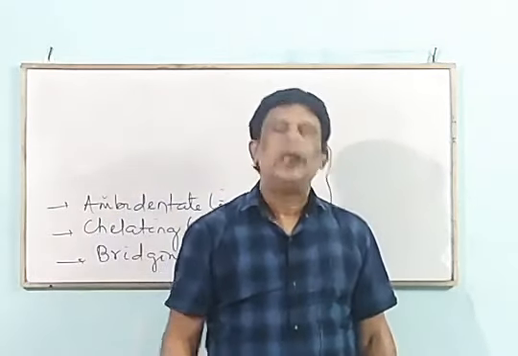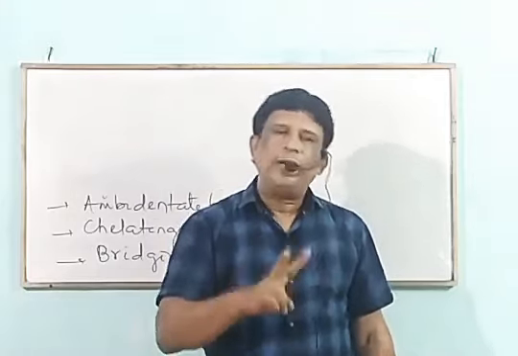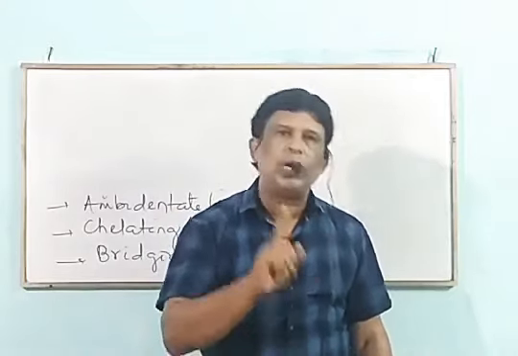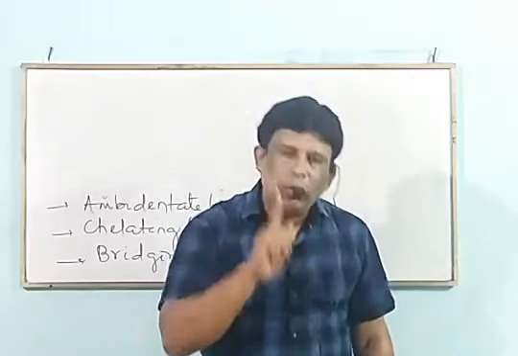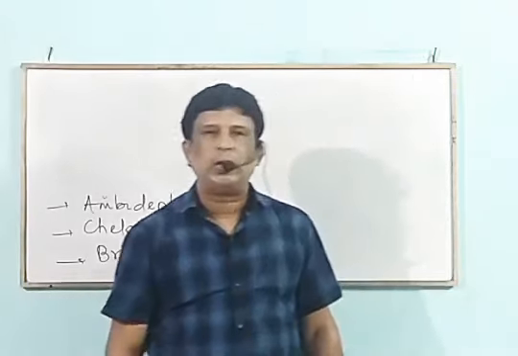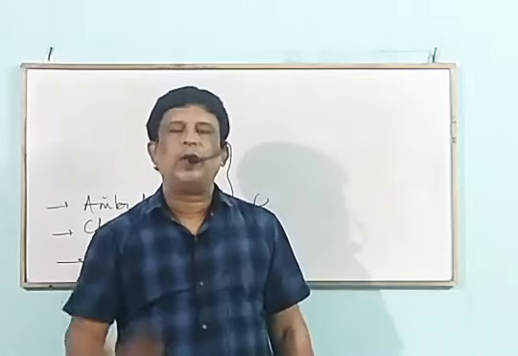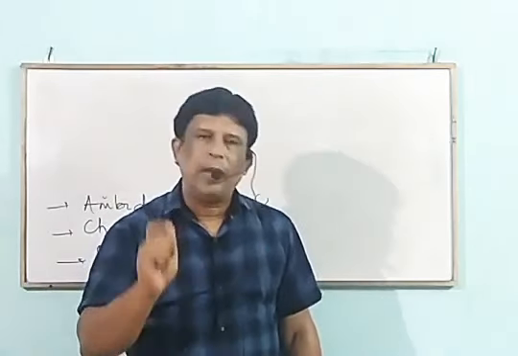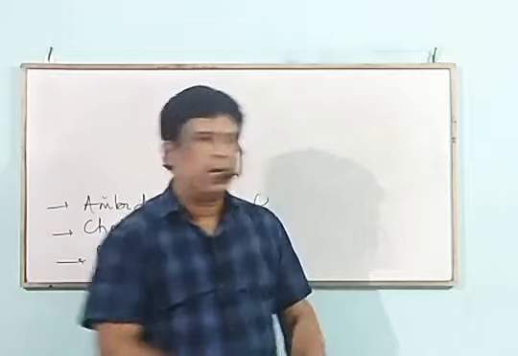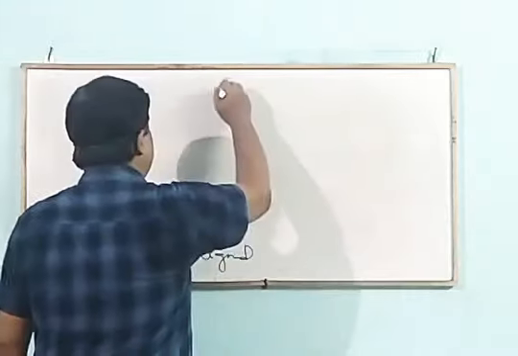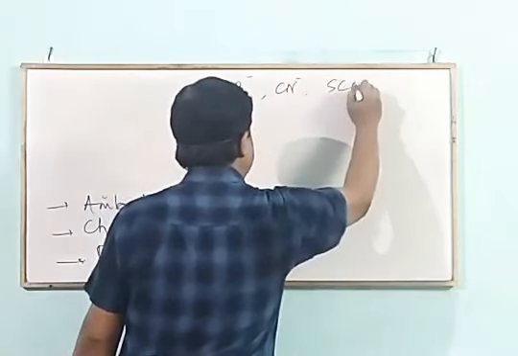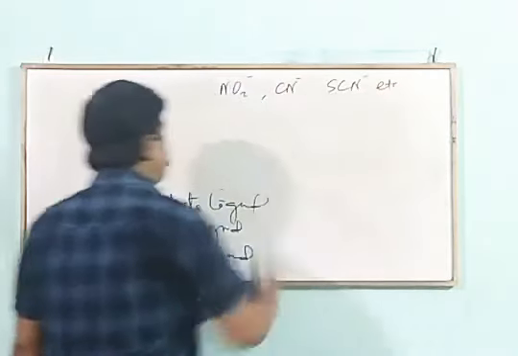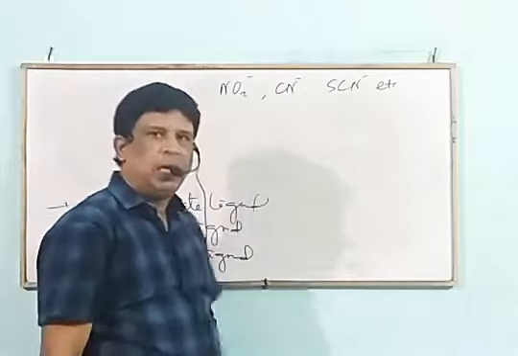I repeat again: two donor atoms are there, but at a time only one of them donates a pair of electrons. For example, NO2 minus, CN minus, SCN minus, etc. are examples of ambidentate ligands.